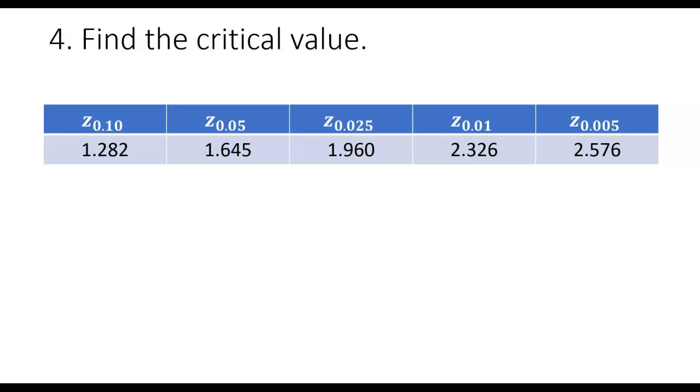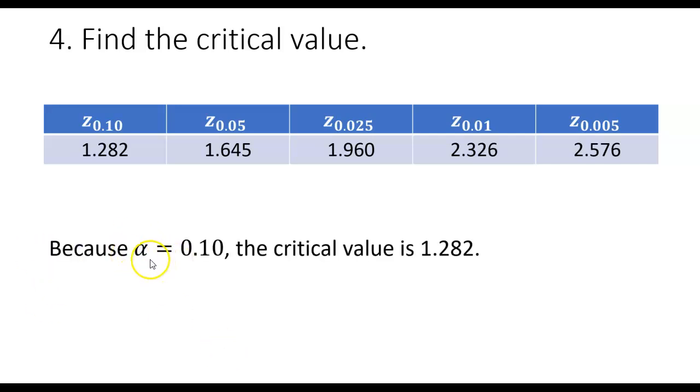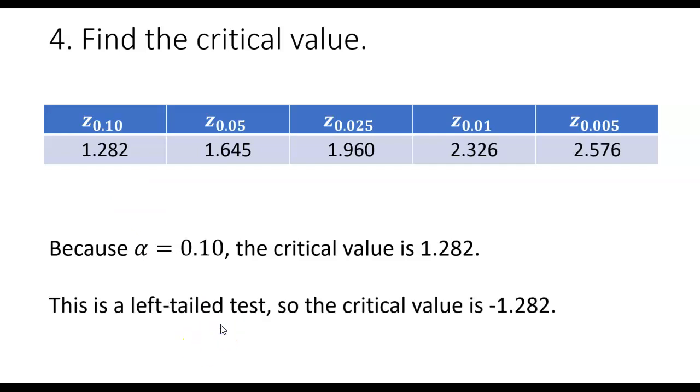Now, for our case, we're talking about a less than alternative hypothesis, which means this is a left-tailed test. And we know that our significance level is 0.10, so we can look at our table and see that the critical value is 1.282. However, as I've already mentioned, this is a left-tailed test, so that critical value is going to be negative 1.282.